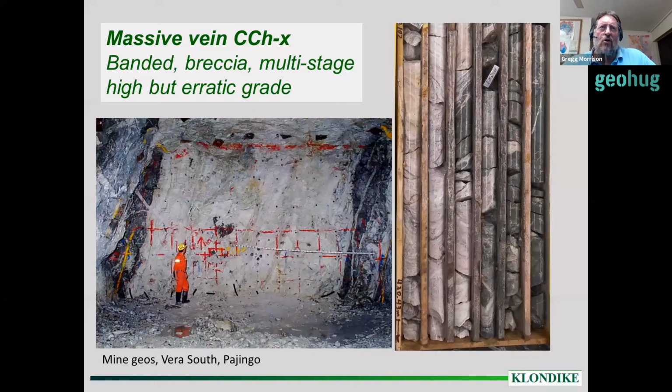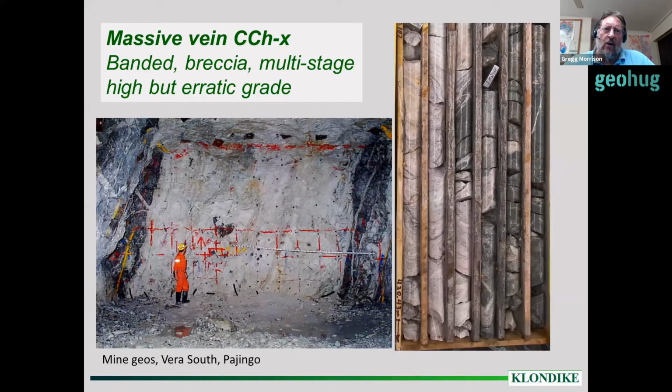And even though you would like to think that the good stuff is always with the sulfide bands, it isn't in there. And a lot of it, the gold is very fine and in sulfide-free bands. So what it means is that in places like this, from face to face, from bench to bench, you can't predict what the overall grade is.